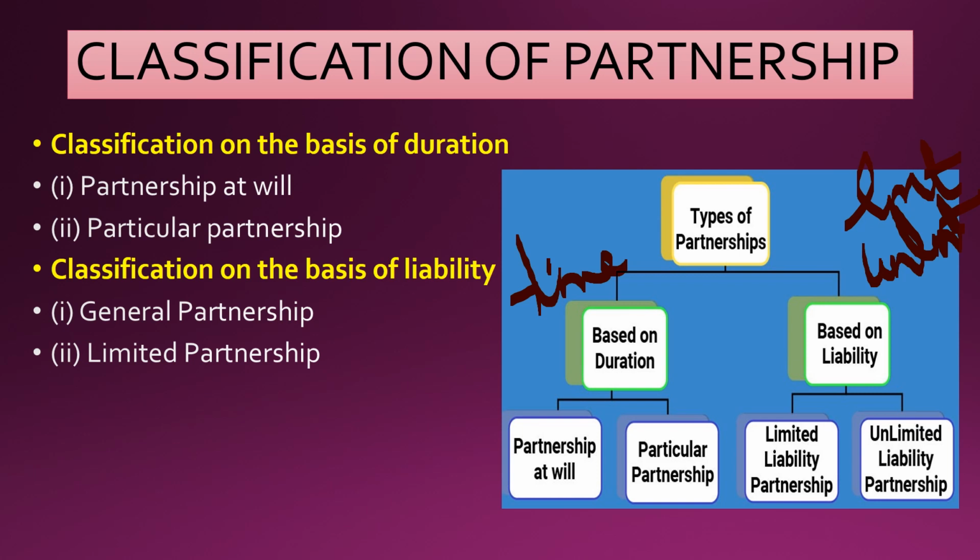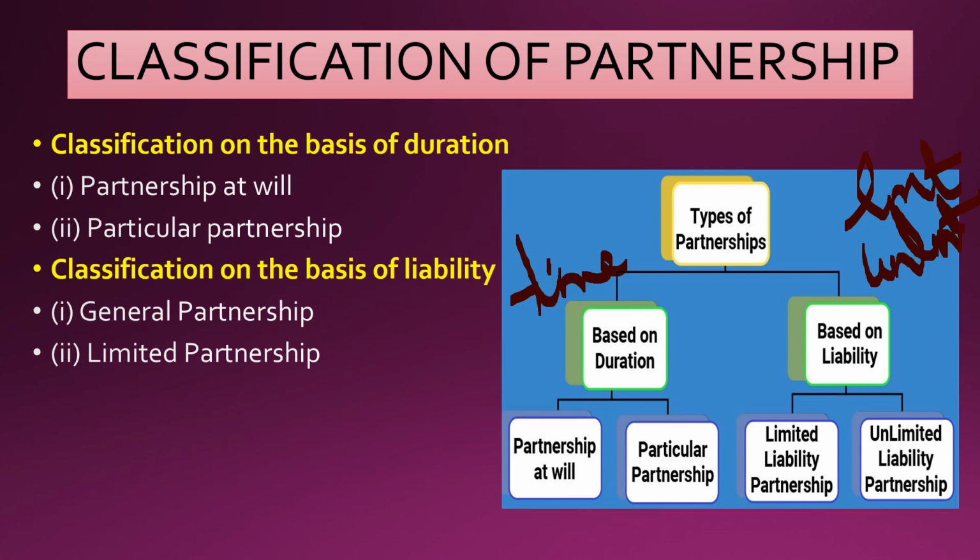If you look at duration, on the basis of time, it has been divided into partnership at will and particular partnership. On the basis of the project, the partnership will be formed, and on the basis of liability the group will be formed, whether it's limited liability or unlimited liability.